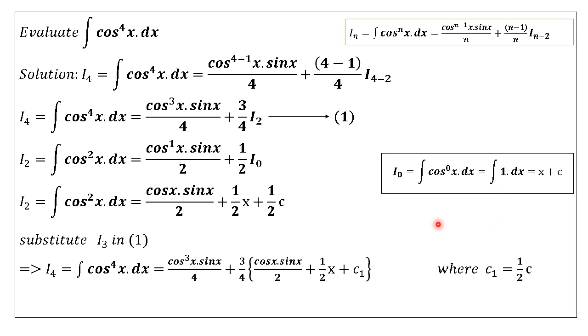Integration of cos is sin x, plus integrating constant c. Here if n is even, it ends up with I0, and if n is odd, it ends up with I1. That's all. Okay, this is the reduction formula. Sorry, this is the value of integration of cos to the power of 4x into dx.